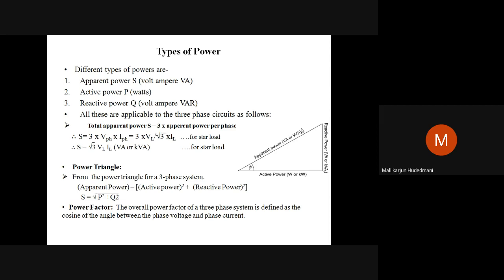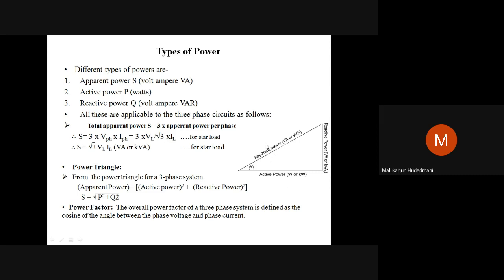In case of active power, we have root 3 VL IL cos phi. In case of reactive power, the cos phi must be replaced by sin phi. It becomes root 3 VL IL sin phi. Using Pythagoras relations, take these two. What is the apparent power at that time? Root 3 VL IL, since cos squared plus sin squared becomes 1.